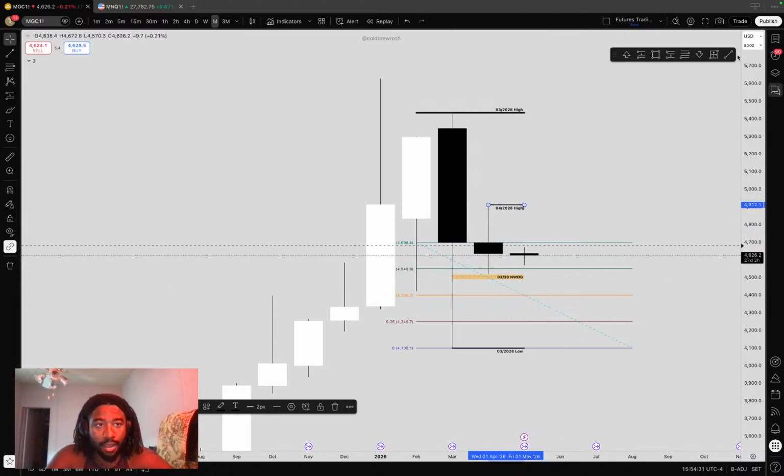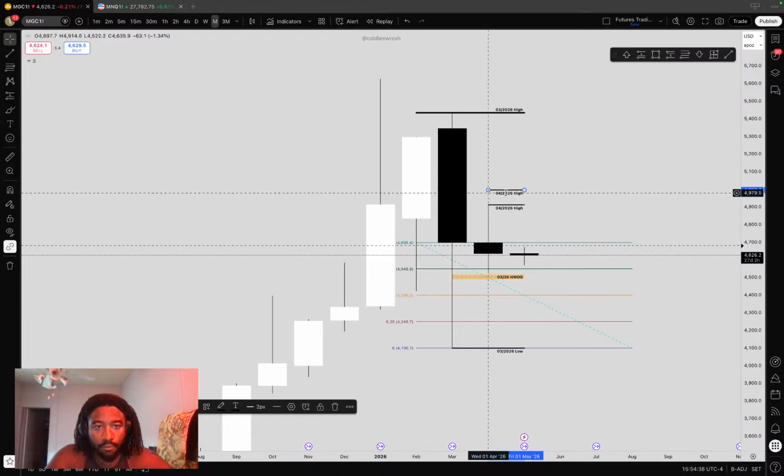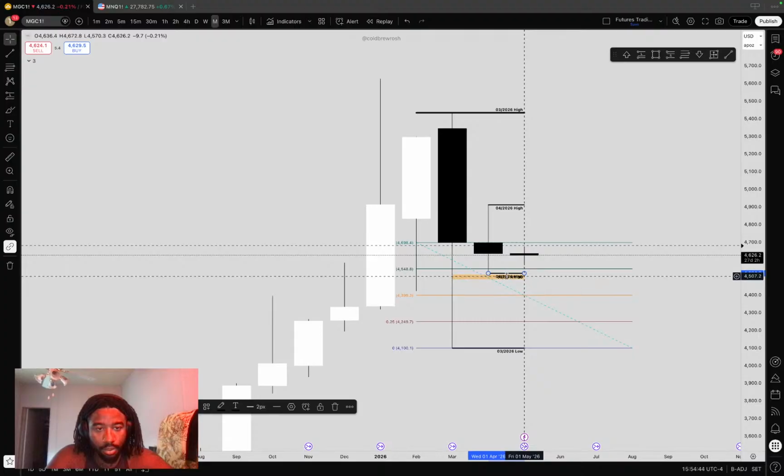And then we have our, just gonna clone this, our 04 2026 low right here, just about. I'll adjust it.